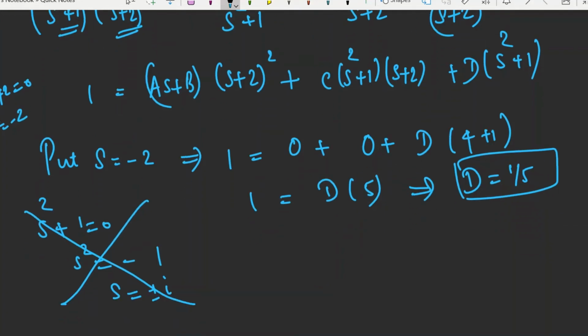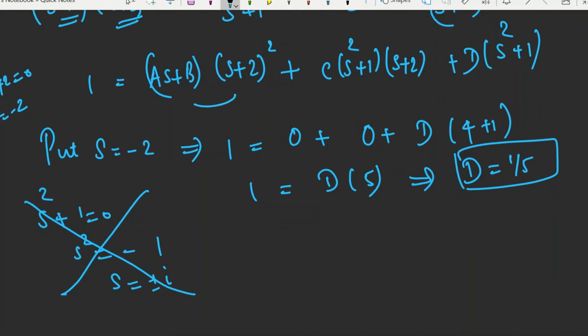So next what we shall do is just equate the coefficients. Now I am going to equate the coefficient of s cube. So equating s cube, the left hand side does not have any s cube term, so 0. Here s square, here 1 as.